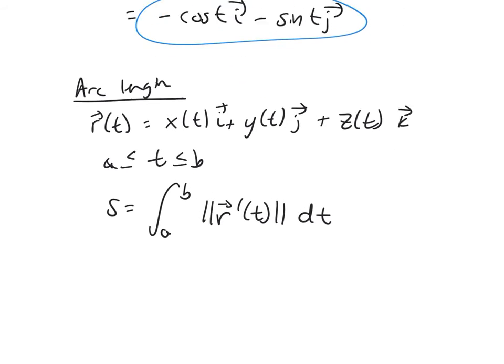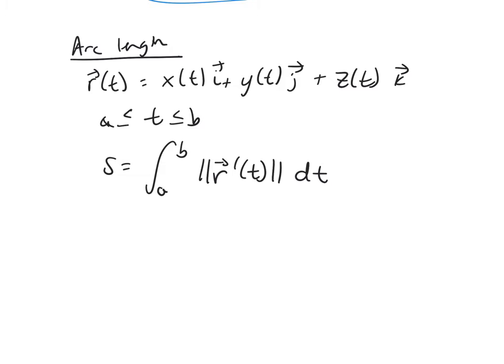All right, so now let's move on to curvature, which will be our last topic in this group. So curvature is represented by a kappa, and there were a couple of different ways to find it.